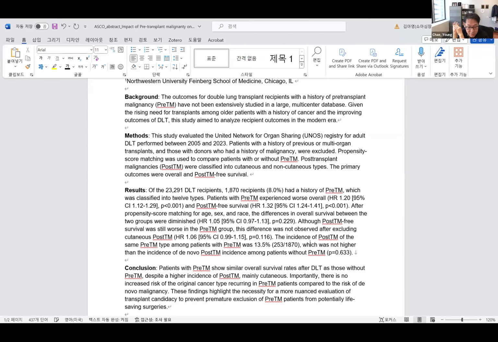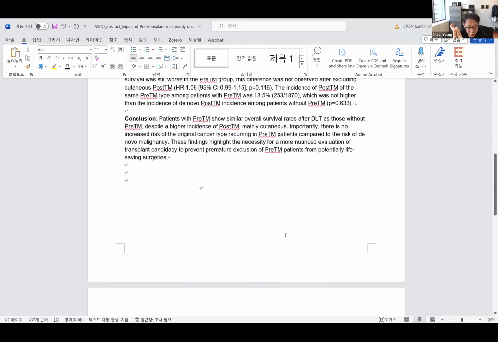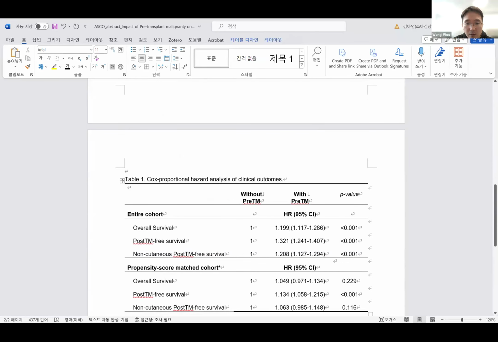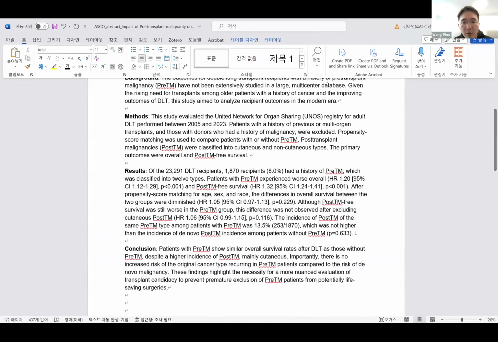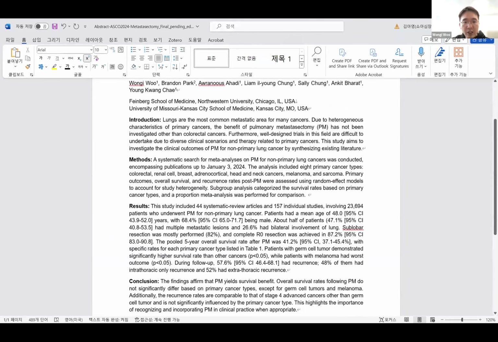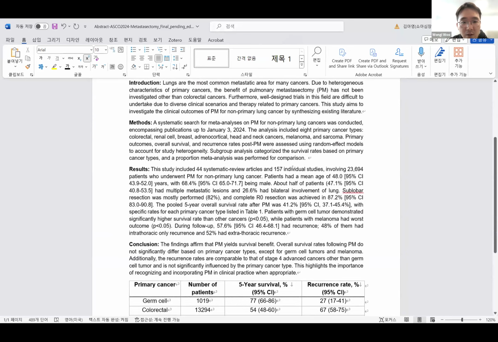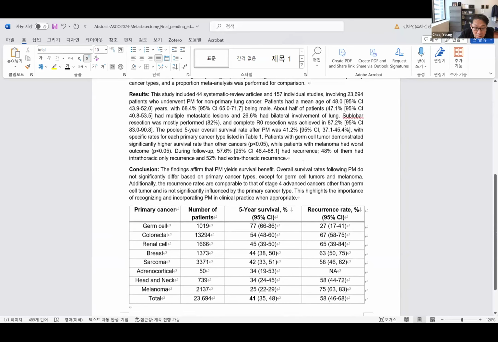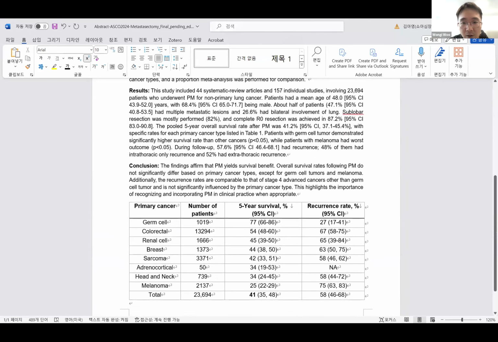Anything else for this? No, I will update the numbers. And another is metastasectomy, so it is within the word count. I didn't change other things.